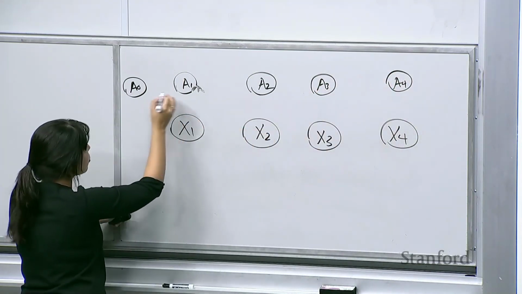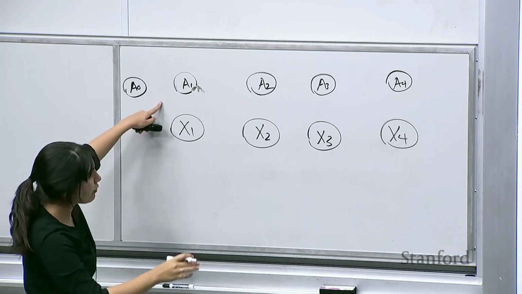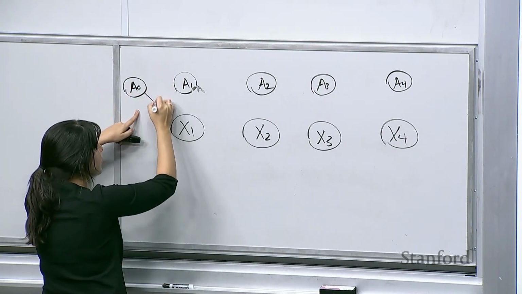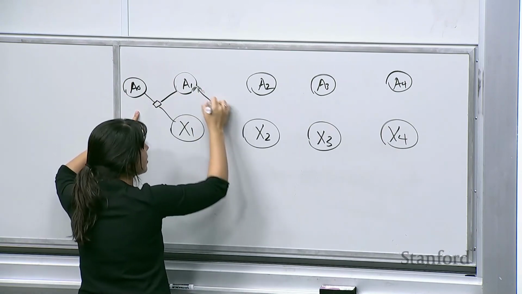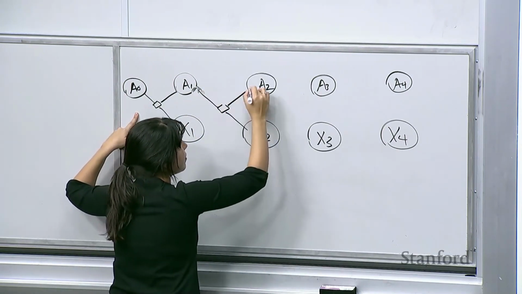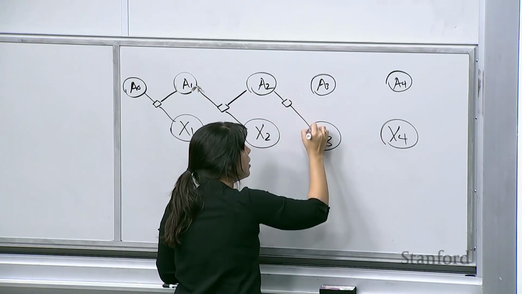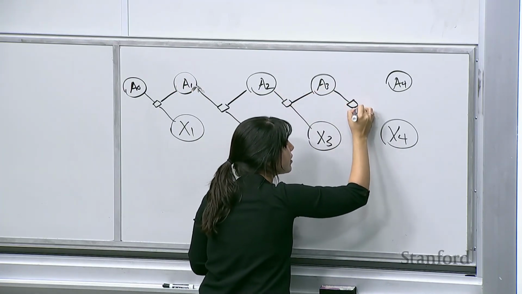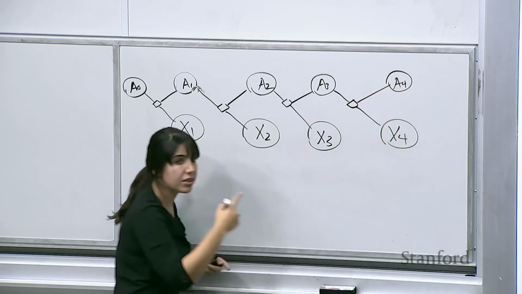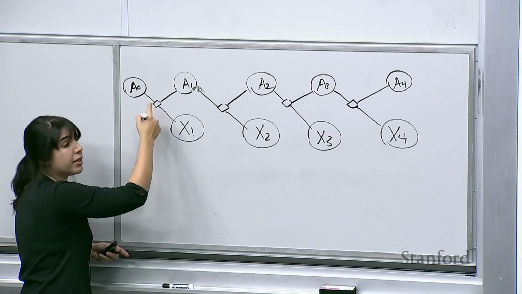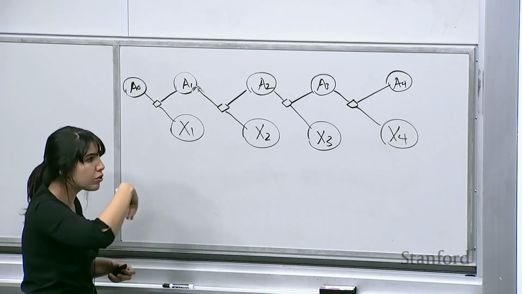And I'm defining new factors where A1 is the result of these two ORs. So I'm going to just draw it like this. A2 is the result of OR of these two variables. A3 is the result of OR of these variables, and so on. This is not binary, right? What is the arity here? It's 3.